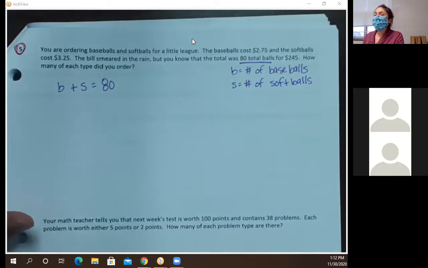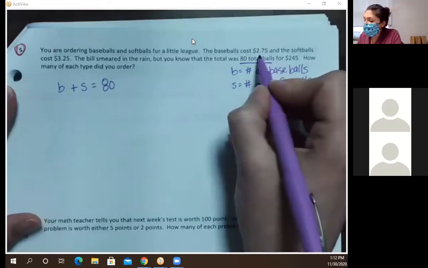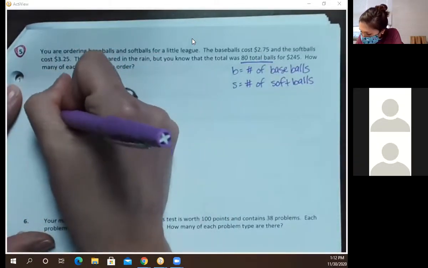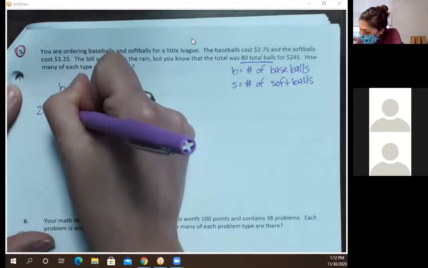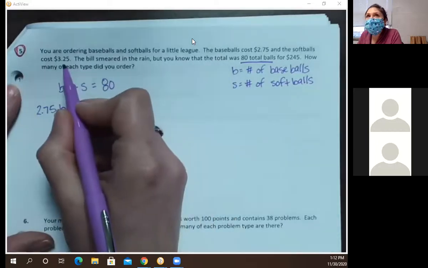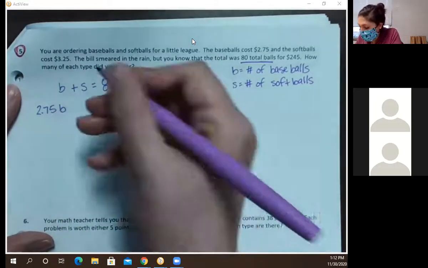And then the other bits of information I know are all about prices. So I'm going to write another equation incorporating those prices. I know it cost me $2.75 for every baseball that I bought. So 2.75 times B for however many baseballs I bought. And I know that it cost me $3.25 for every softball that I bought.